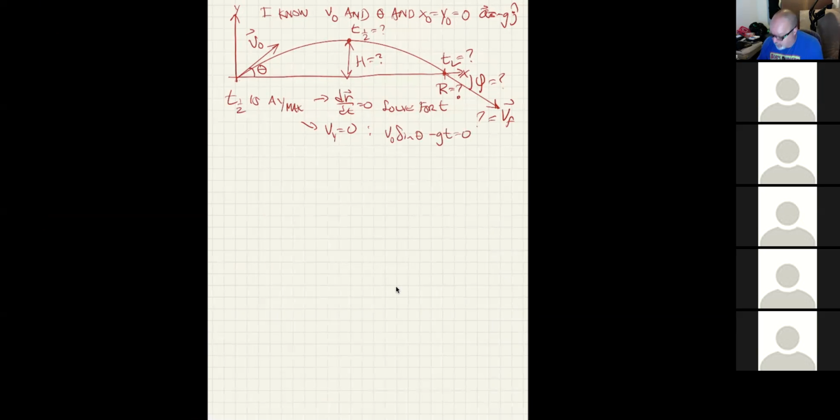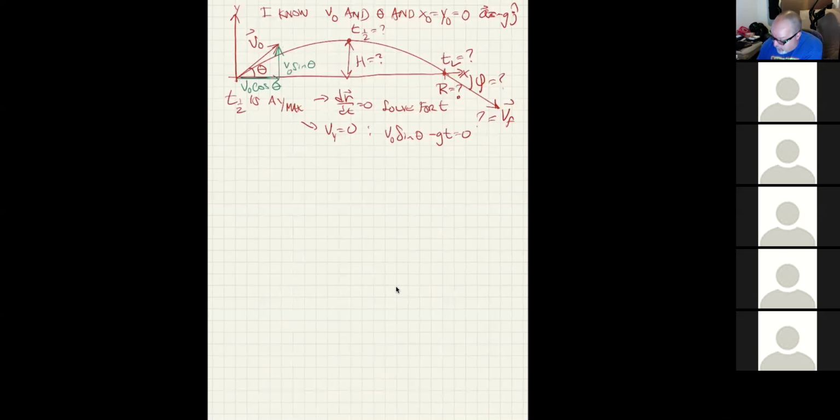Okay. Now, just for the record, let's go ahead and do this too. I am going to draw my x component of my velocity right here and my y component right here. Okay, so you can see that this is v0 cosine theta and this is v0 sine theta.